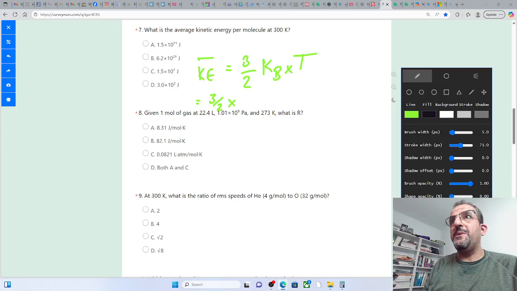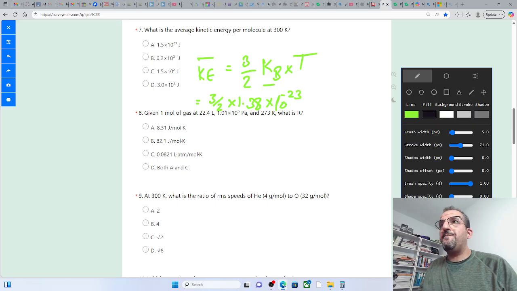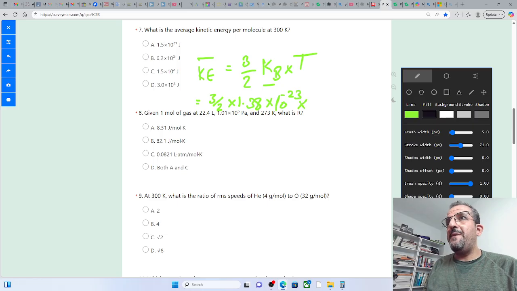So Boltzmann constant, which is right here, is 1.38 times 10 to the power minus 23, and we multiply that by temperature, so you have 300. The unit of the Boltzmann constant is joule per Kelvin.